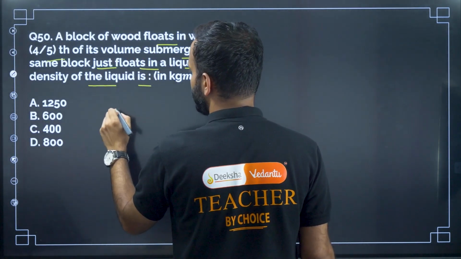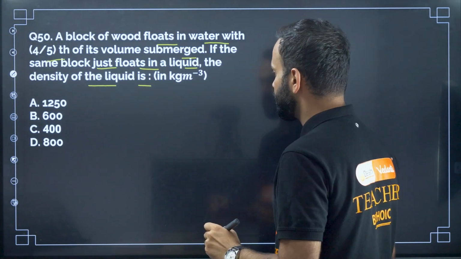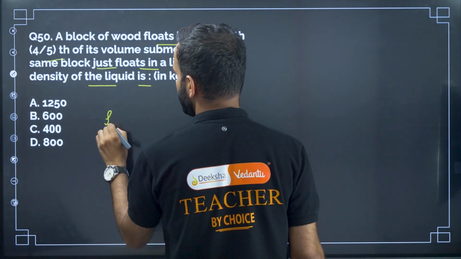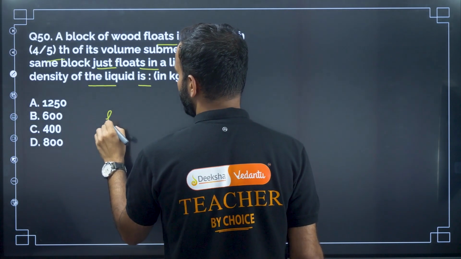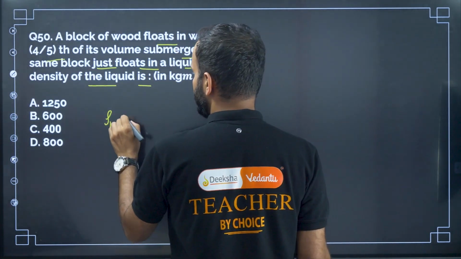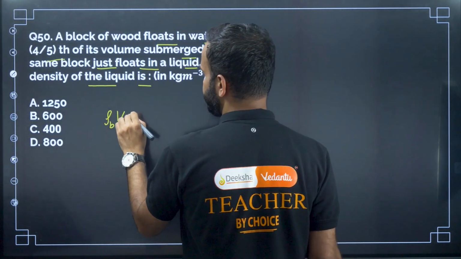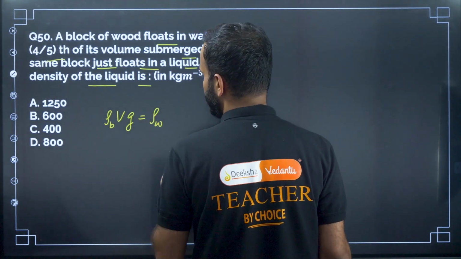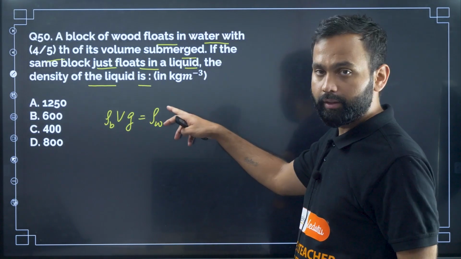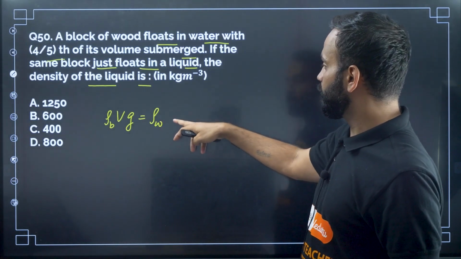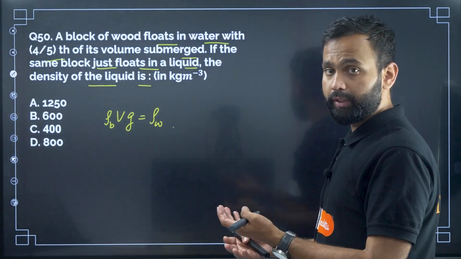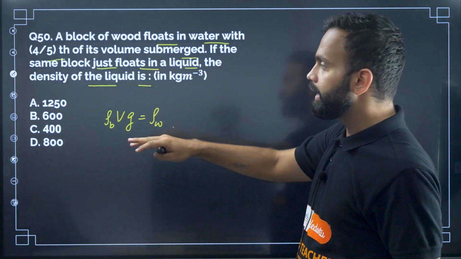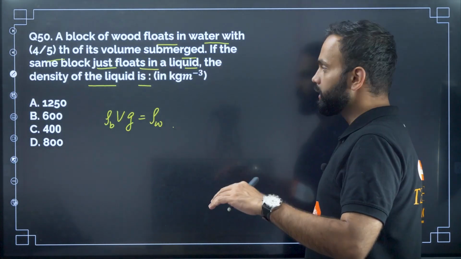So now the volume of the block is V, right? The gravitational force acting on the block is density of the block into volume of the block into g, which is equal to density of the water into volume of the water displaced, that is the volume of the block submerged under the water.